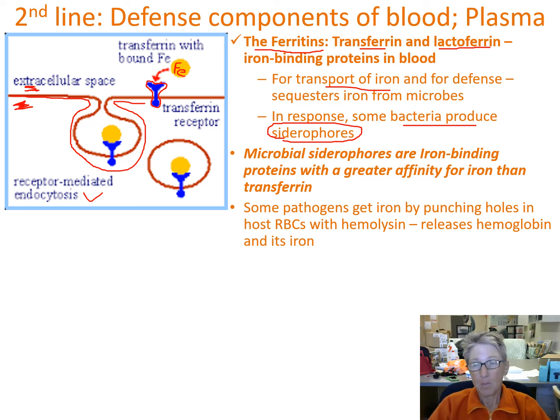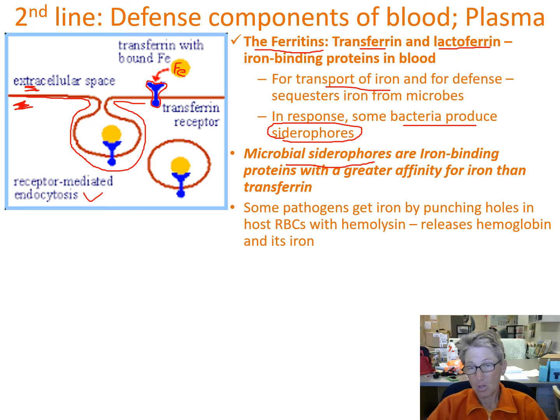These microbial siderophores are iron-binding proteins, and they have a greater affinity for iron than our own transferrin receptors. So if a siderophore and transferrin both see an iron atom, the microbial siderophore will bind it with greater affinity, and then that's less iron for us.